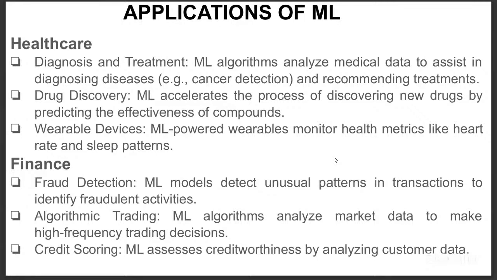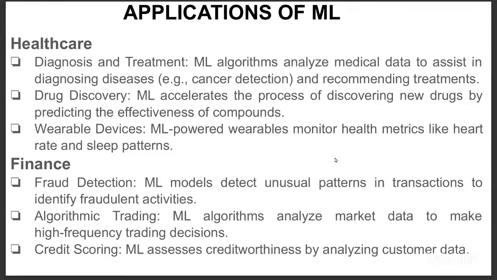So in the healthcare sector, diagnosing and treatment is one place where machine learning is used. Treatments and surgeries like open heart surgery, knee replacement, hair transplantation, any sort of surgery.